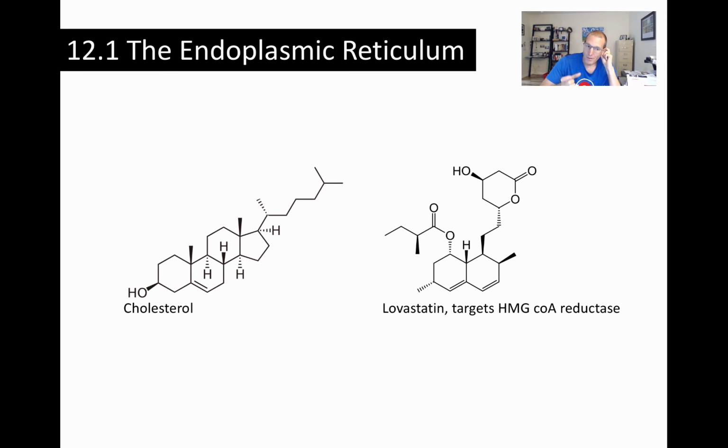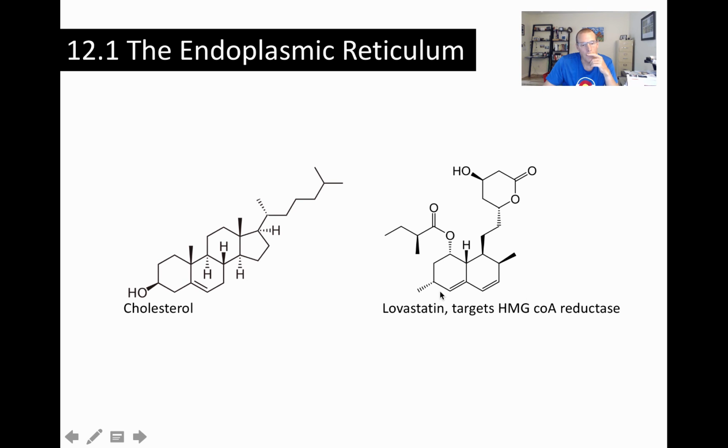What HMG-CoA reductase does is it takes HMG-CoA, and you don't need to worry about the structure of it, and converts it to mevalonic acid. And mevalonic acid, or mevalonate, is the critical precursor for cholesterol metabolism, this molecule on the left here.